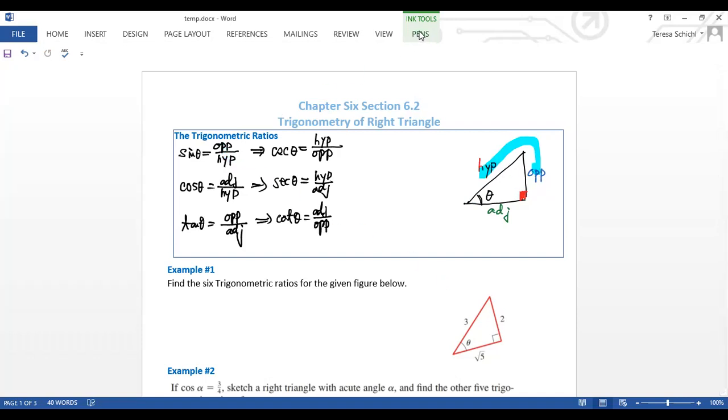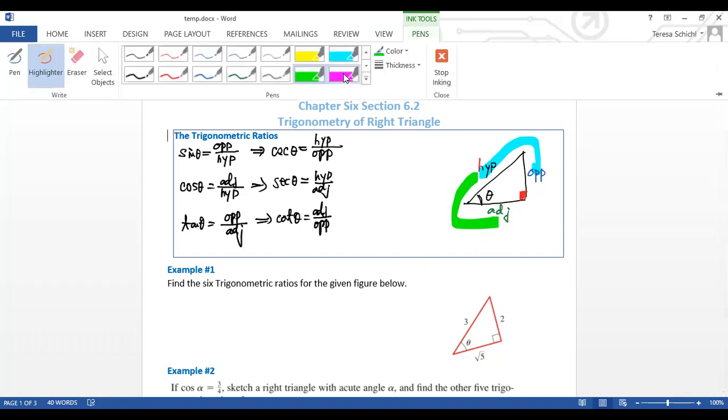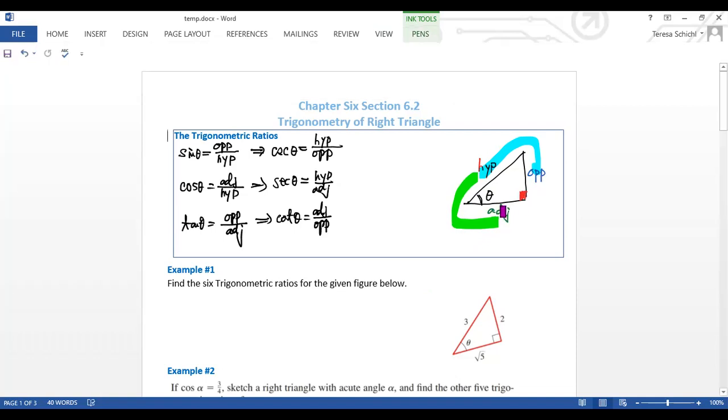For cosine, it's kind of like a C, so it's adjacent over hypotenuse. For tangent, I think of the T, so it's opposite over adjacent. That's just a quick way to remember.